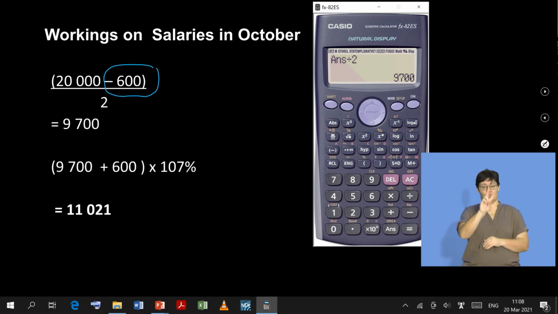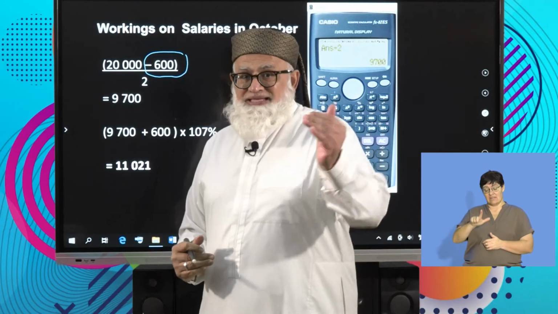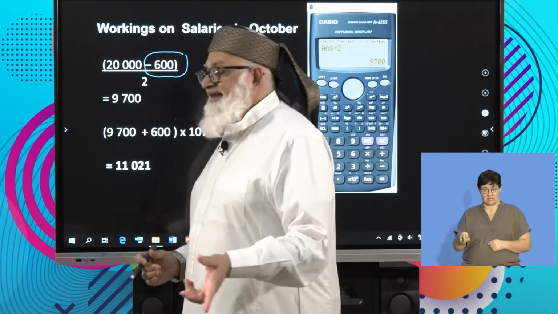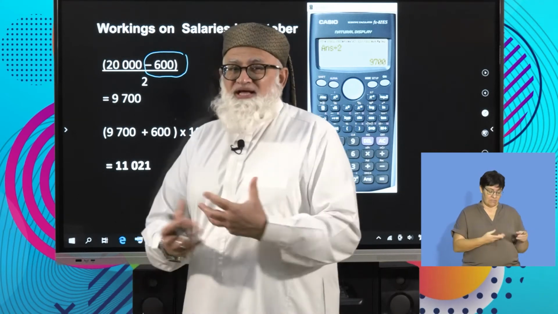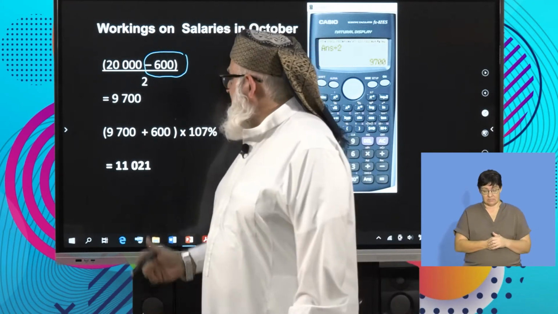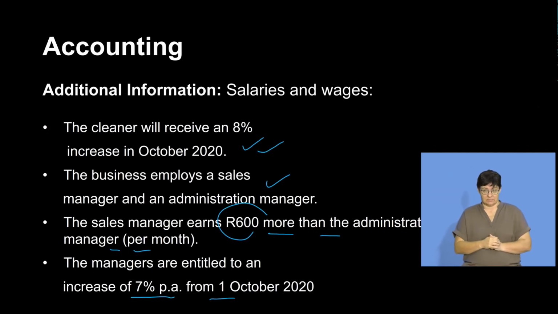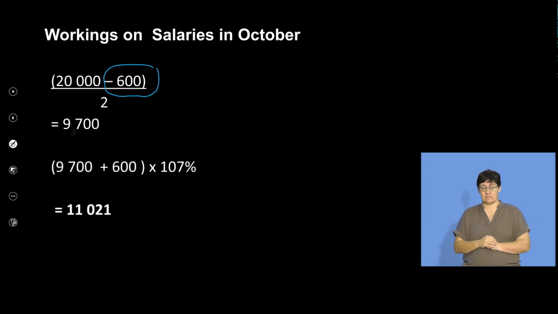Divide that by 2. Now you can see that the one salary obviously is different to the other one. So the 9,700 is the person who is earning less, because one earns 600 Rand more than the other. Right, now take your 9,700 that we've calculated, add the 600 to it.